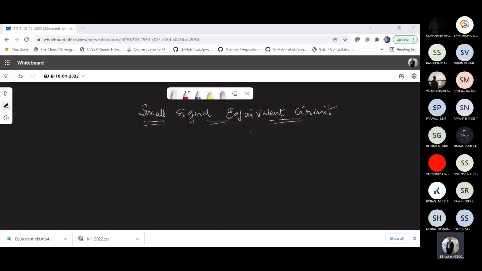I think last class we completed output characteristic curve. Somebody tell me what was done in the last class. Am I audible?